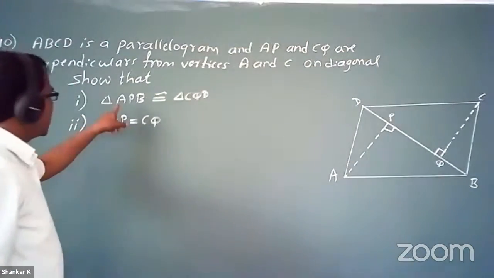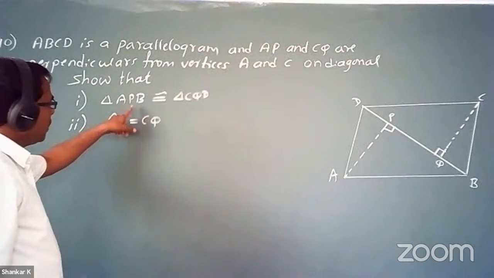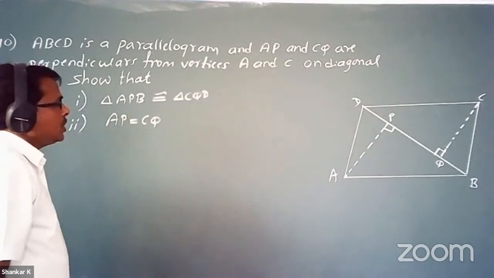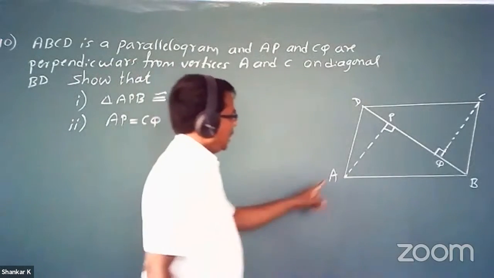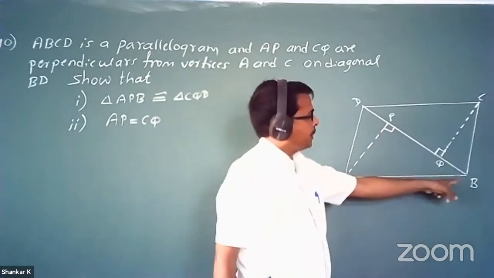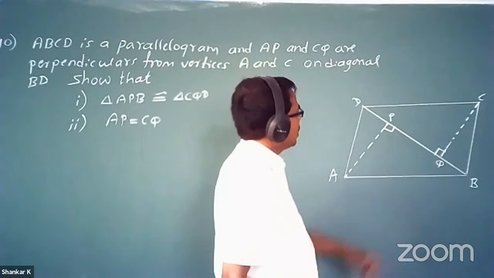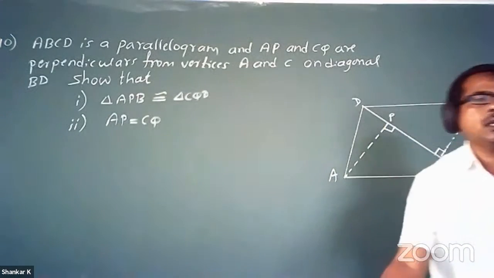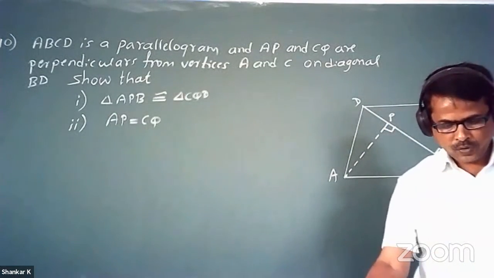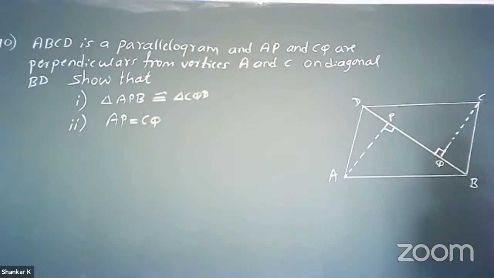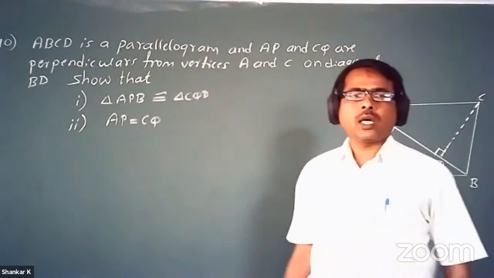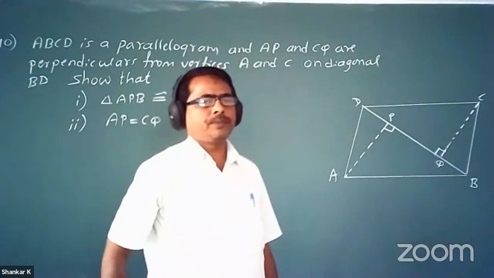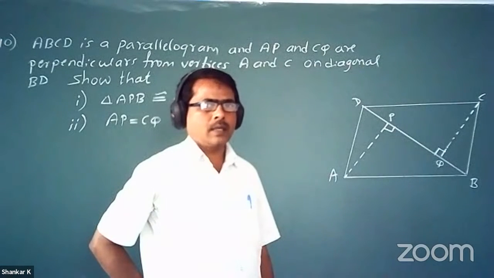Now what is asked? It is asked to prove triangle APB is congruent to triangle CQD. Where is APB? Can you tell me which are equal parts? To prove congruence, you have to show some two sides one angle, or you know all the congruence rules, SSS, SAS, ASA.